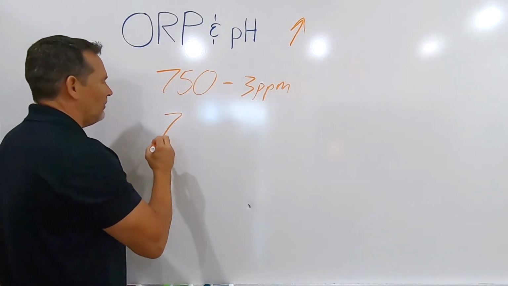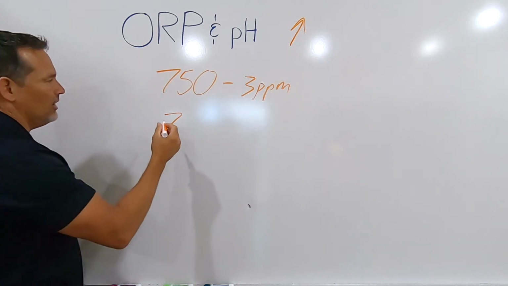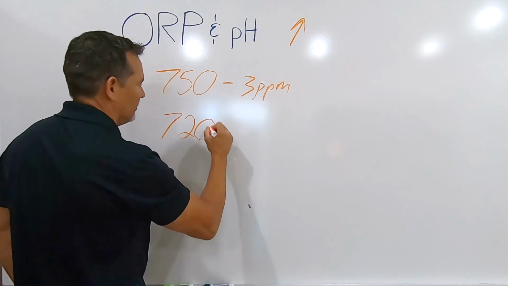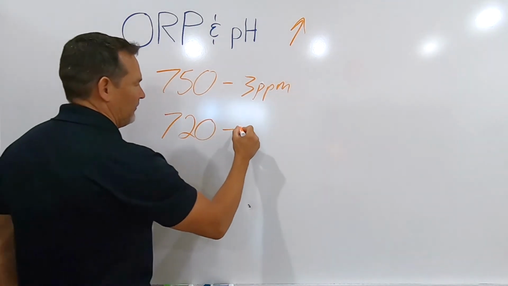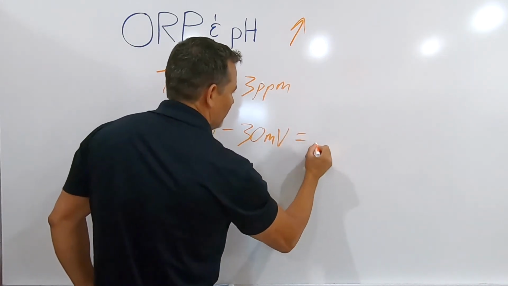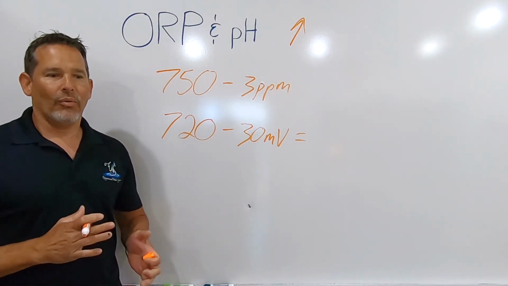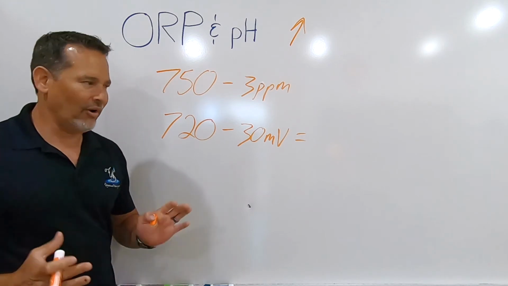So without giving this a specific number, because it can be anything actually, let's just say it's going to drop, say, to 720. Now at 720, we already know that's a 30 millivolt difference, which is typically equal to, as I mentioned earlier, 1 part per million being about 10 millivolts, roughly.